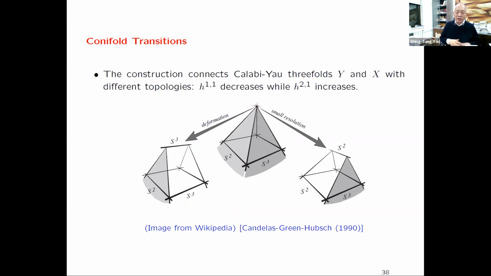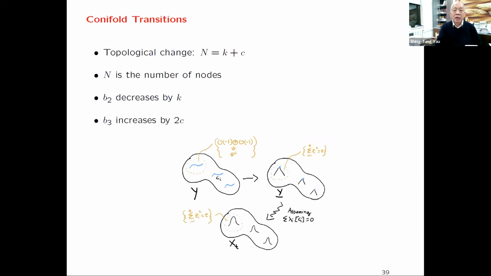So eventually, you will see that the manifold becomes a connected sum of S^3 x S^3. So the topological change is such that, with k nodes, the second Betti number decreases by k, and the third Betti number increases in that way.